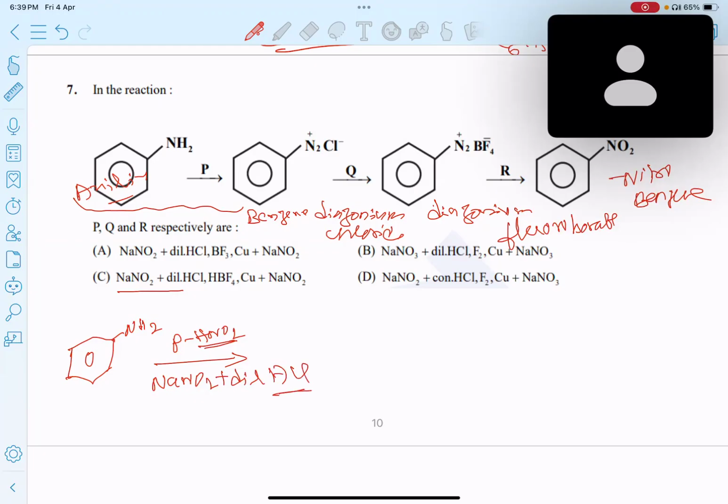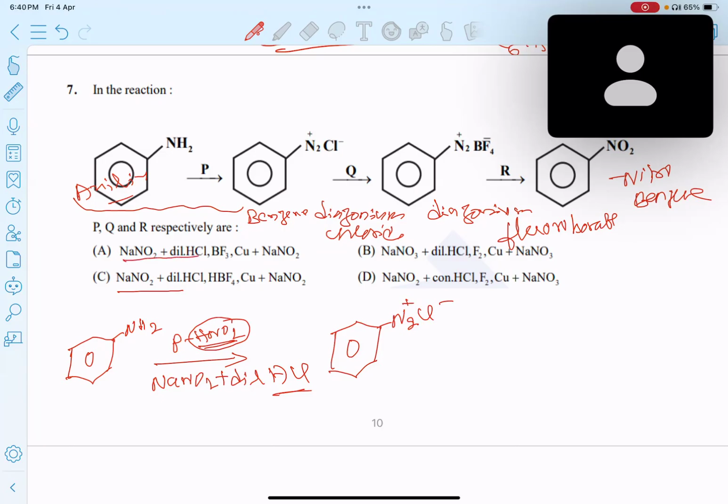When treated with NaNO2 and dilute HCl, HNO2 is produced in the reaction itself. The product is benzene diazonium chloride.